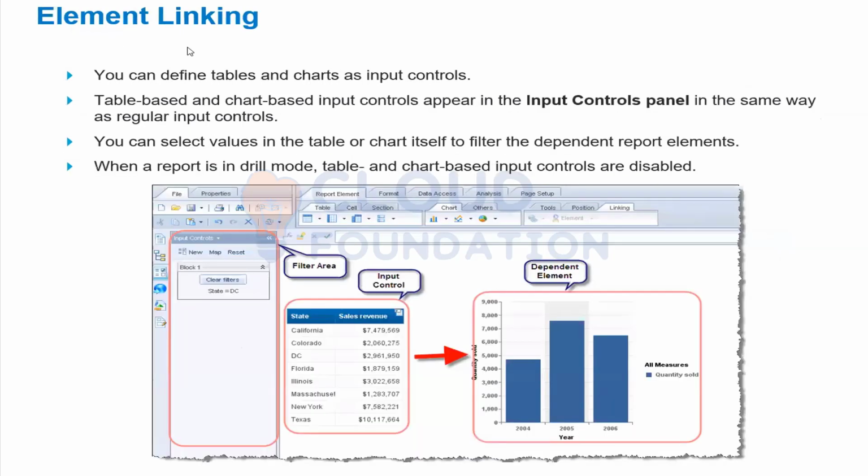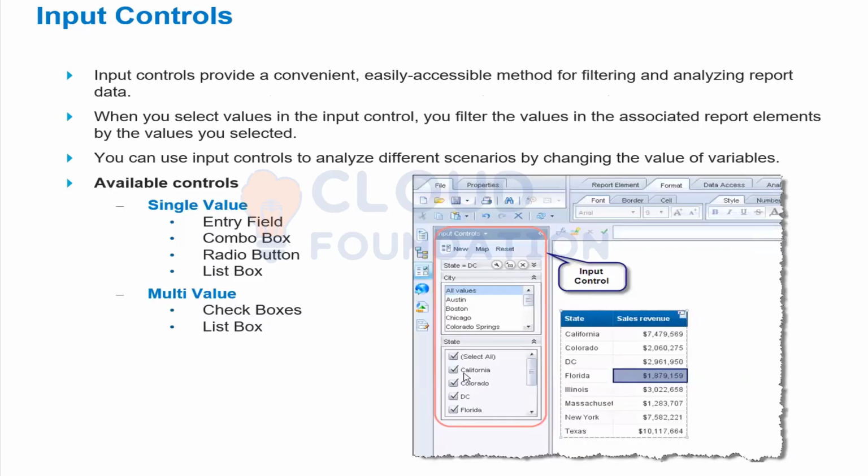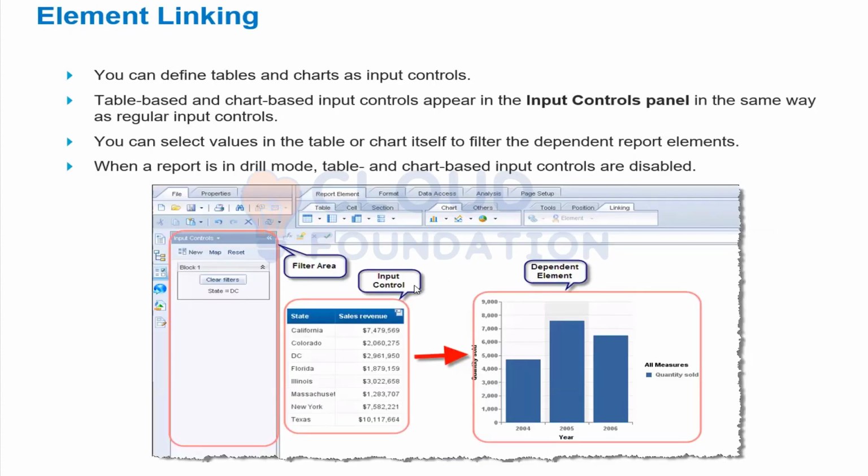Element linking is where you can define tables and charts as input controls. That means if we put an input here, we are using one object as an input control. But in element linking, we are using some block or chart as an input control. So in this table, if I click on California, only California related data will appear.